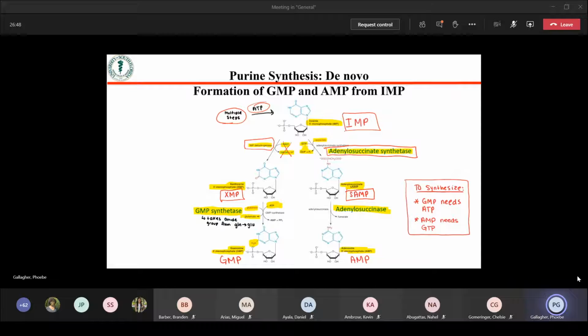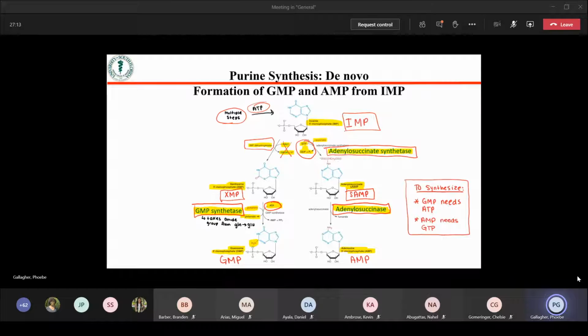I wouldn't really worry about NAD and NADH, but you do need to know that in order to make AMP, you use GTP, and in order to make GMP, you use ATP. And then obviously know this one, but I think it's pretty obvious that when an enzyme is called something synthetase, it's making the thing that it has in the first name, in this case, GMP.